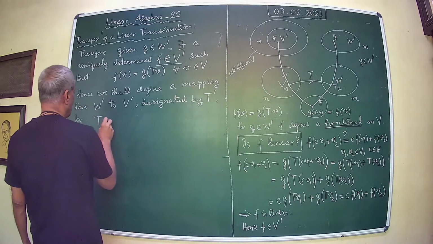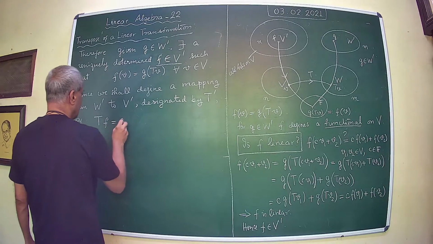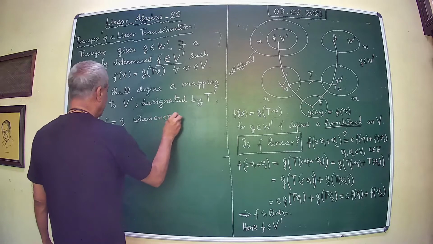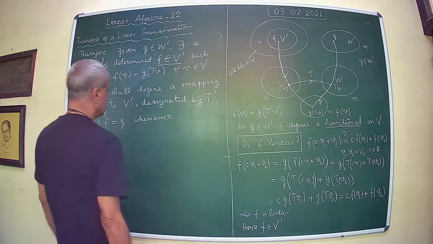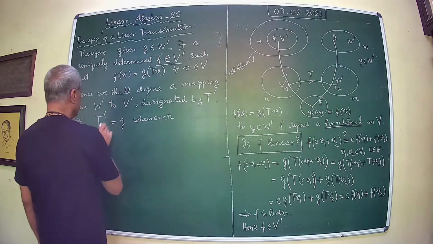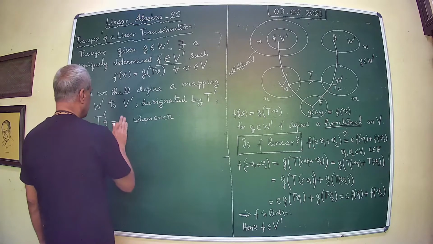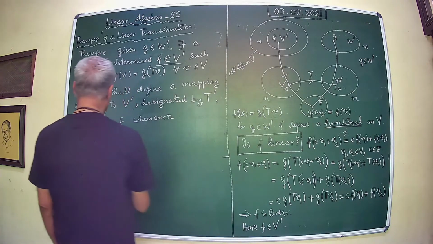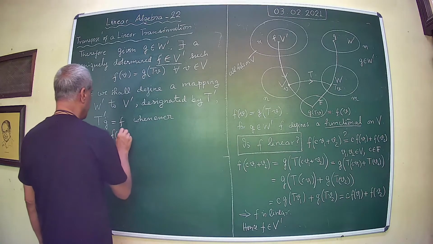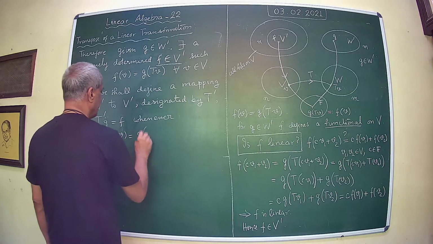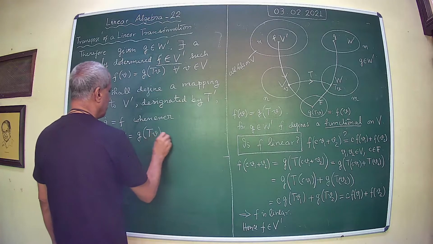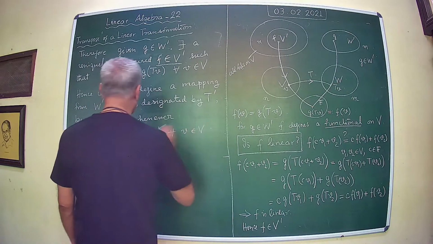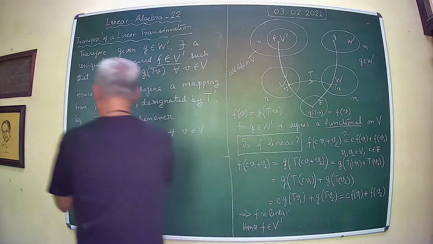T prime of F is equal to another F of T. That is done.